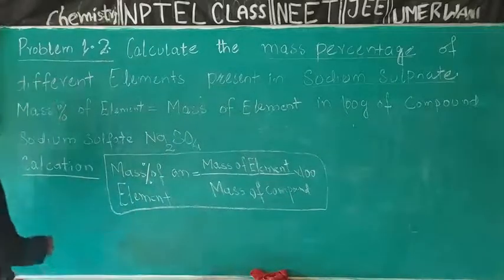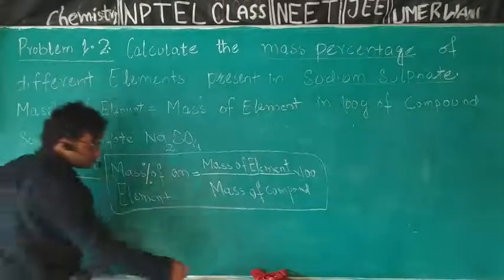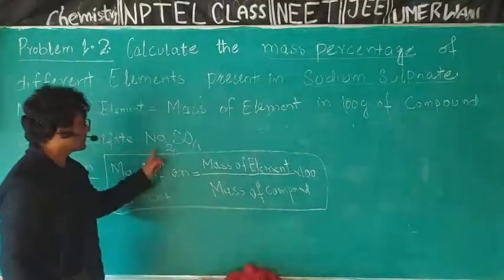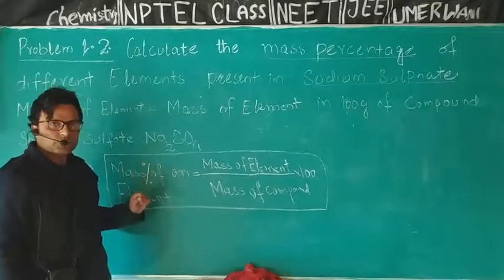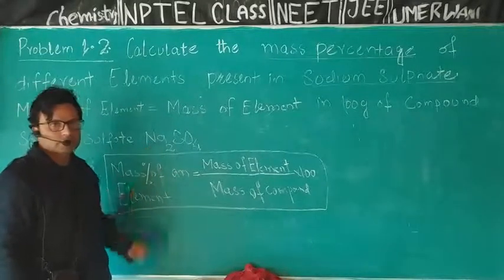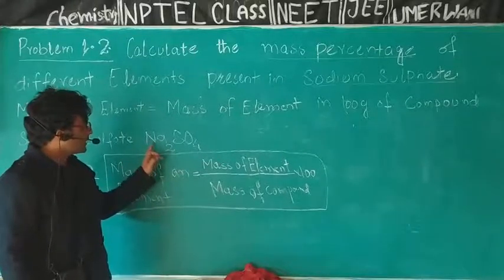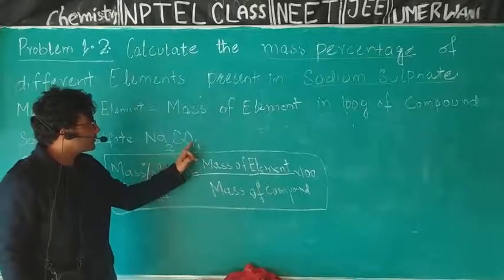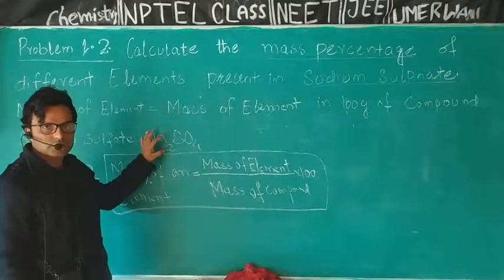Yesterday I told that if we know the formula of compound, and here I have already written the formula of compound Na2SO4, from the formula of compound I can calculate the molar mass of this compound, the mass of its 1 mole, by adding the contribution of different elements in terms of mass which are present in it.